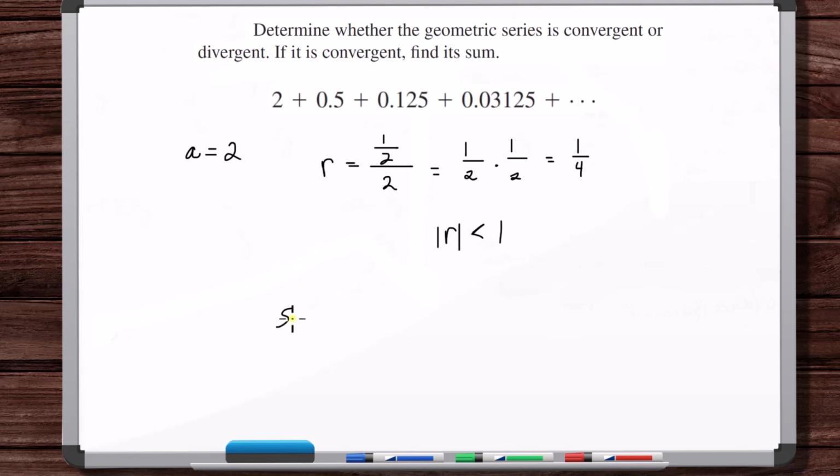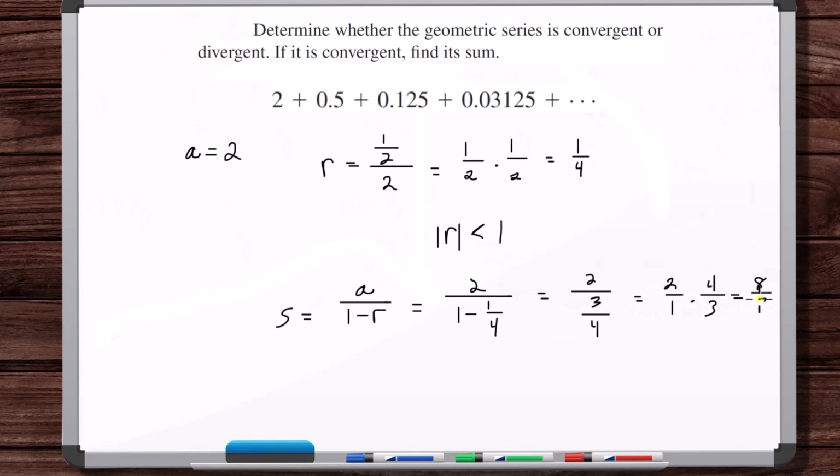So we know that this series converges. The sum is 2 over 1 minus negative 1/4, which is 1 plus 1/4. This infinite sum is equal to 8/3.